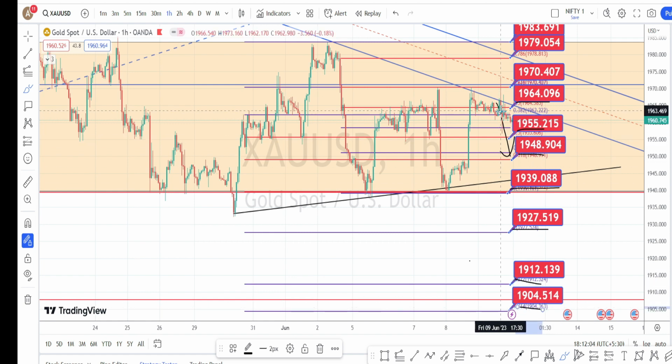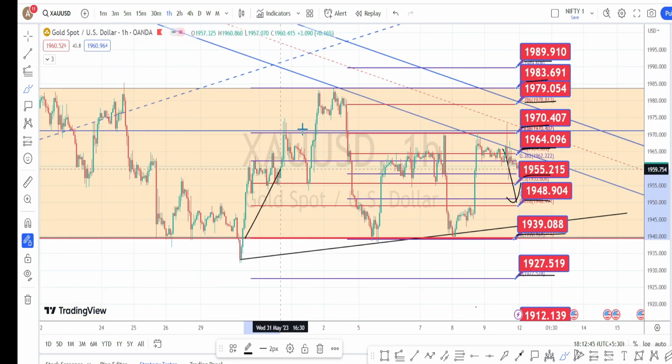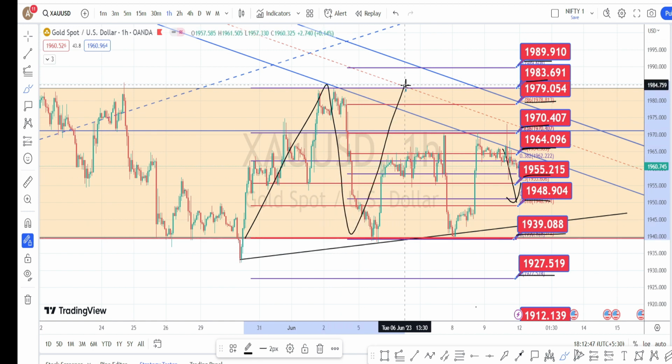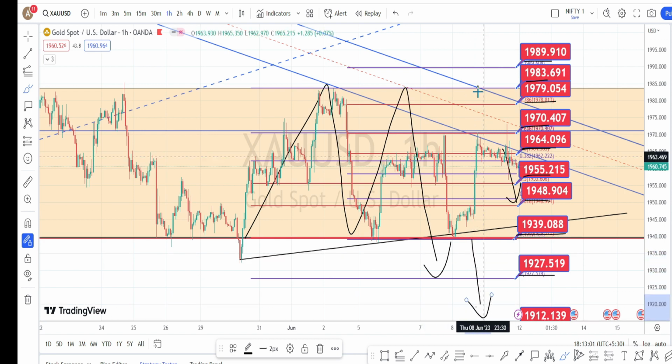And if the price action gives a breakout from this current resistance level of 1964 on the bullish side retracement, next level of resistance is going to be around 1970, 1979, 1983, 1989, 2003 and 2021. So we are noticing a long consolidation around this area. Once the price action gives a directional breakout, we can expect a good directional momentum from this level on the bearish side or on the bullish side.